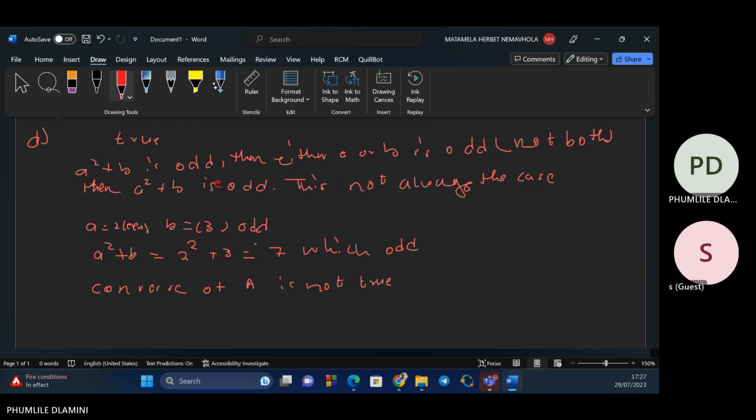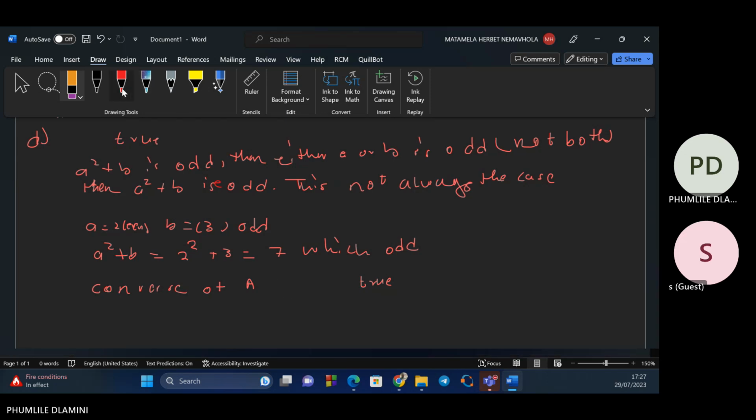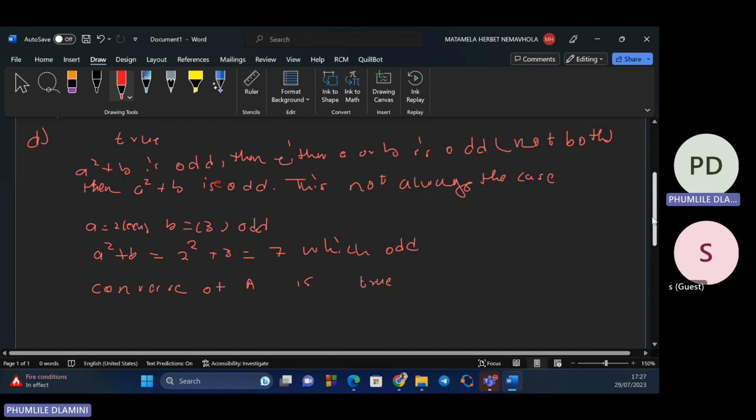So we can conclude that the converse is true. The converse of A is true because the results always give us an odd number.